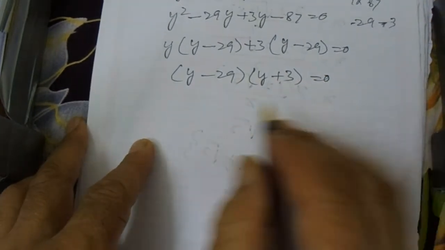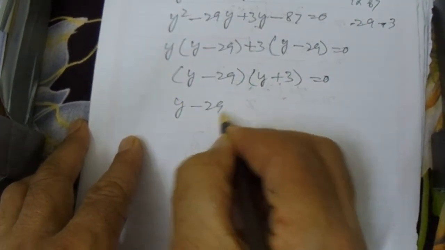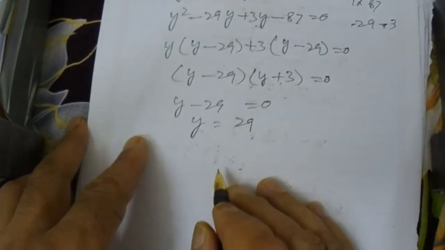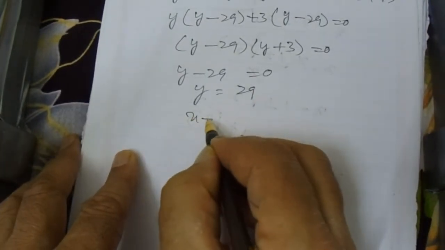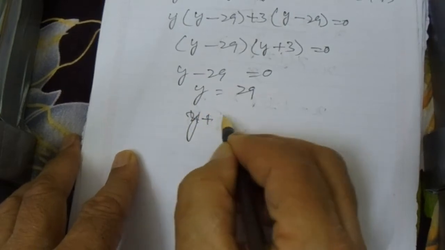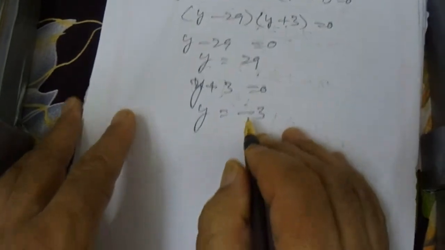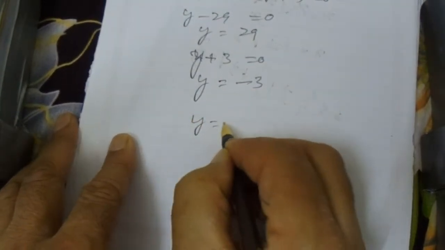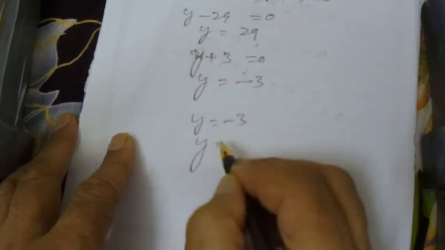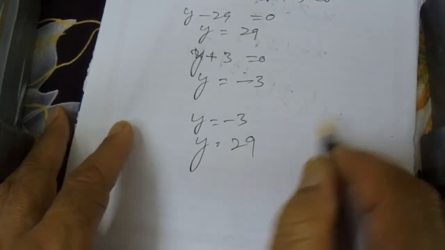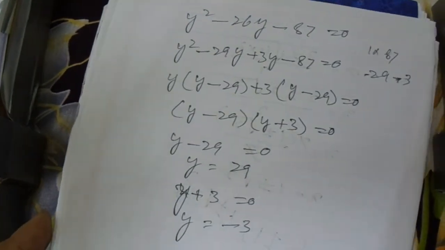Here y minus 29 is equal to 0 and y is equal to 29, and the second factor y plus 3 is equal to 0 and y is equal to minus 3. Now we have two values, y is equal to minus 3 and y is equal to 29.